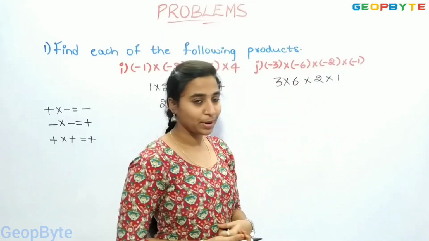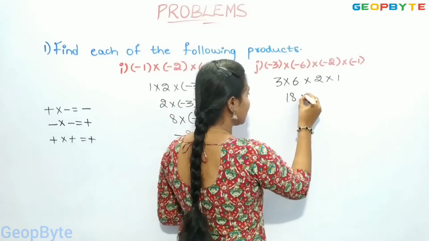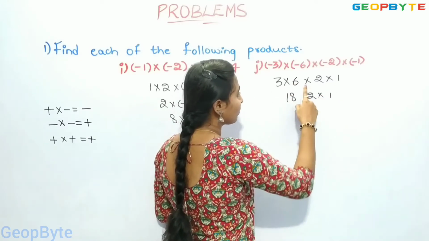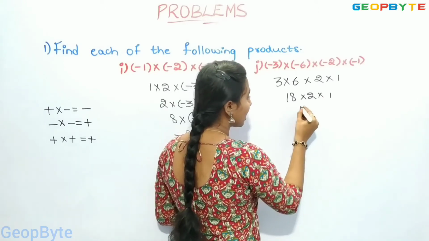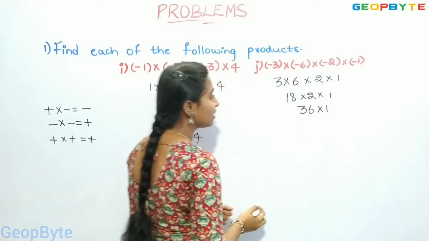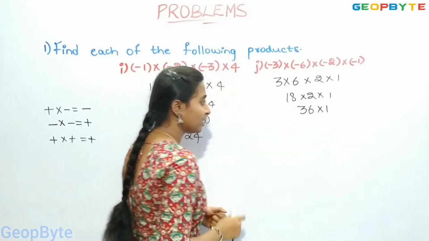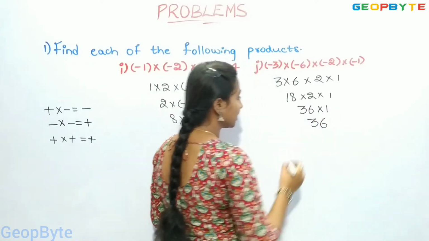Now let us multiply. 3 6s are 18 into 2 into 1. The leftover numbers are written. Now 18 twos are 36. The leftover number is written. 18 twos are 36 into 1. 36 ones are 36.